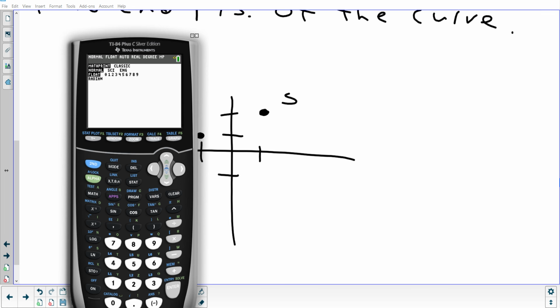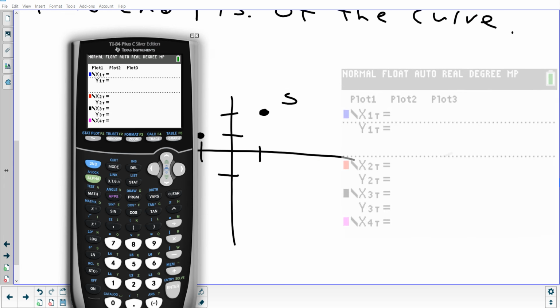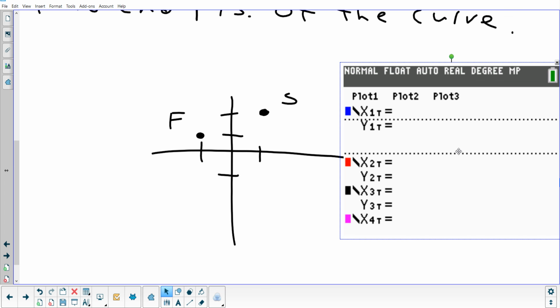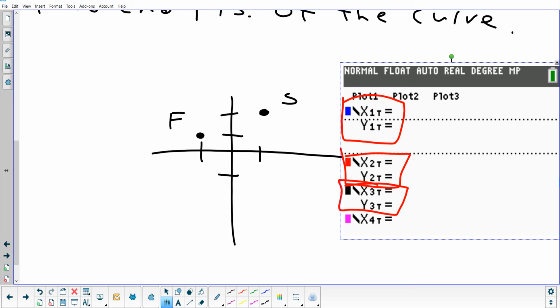All right, so first thing, I already showed you guys, put it in parametric. If you have anything in the x and the y, go ahead, clear it out. And you're going to have to use 2 of these equations. You have to use 2 from the same set. So you could either use these 2, or those 2.